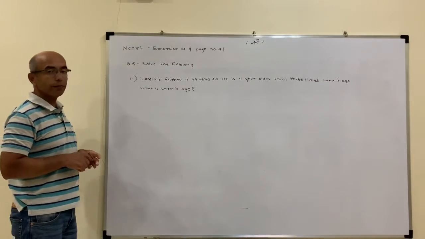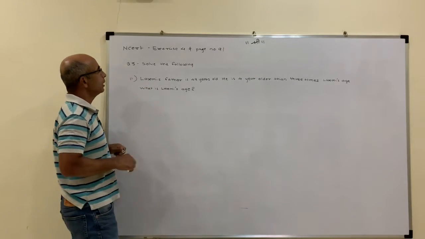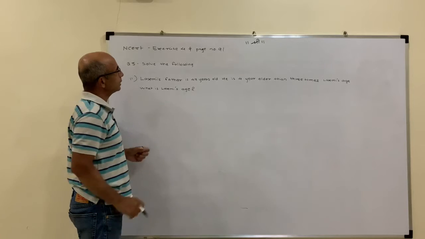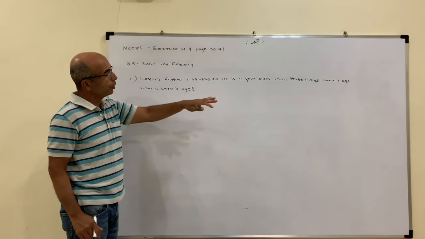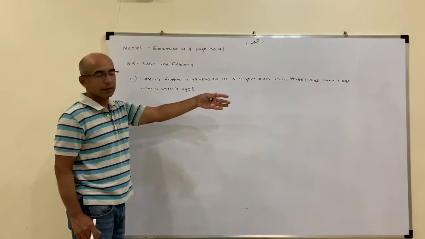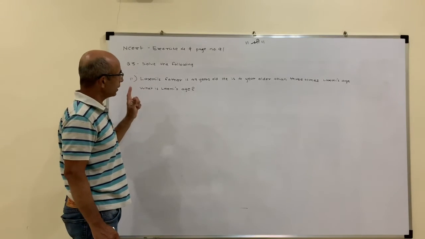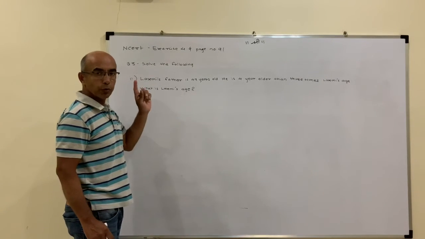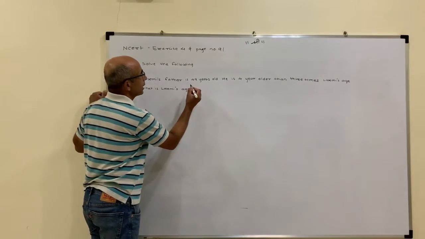Second problem of question 3. Lakshmi's father's age is 49 years. He is 4 years older than 3 times Lakshmi's age. What is Lakshmi's age? We need to find out. Now here again, certain things we need to understand, and we need to underline them.